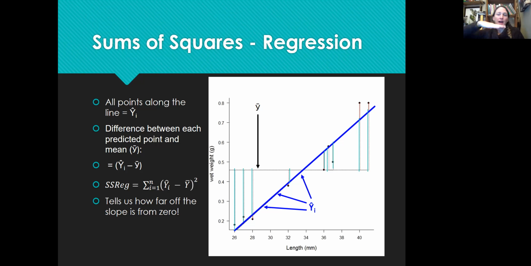Now, if the y hats were all along a flat line, right along the mean value, then we would add these all up and we'd get a very small number, or maybe we'd get 0. But as that line is steeper, we get more variation between the regression line and y bar. That increases the sums of squares due to the regression. So we're seeing a stronger relationship between x and y, and that could go in the positive direction or in the negative direction.